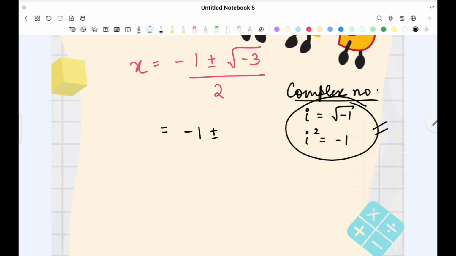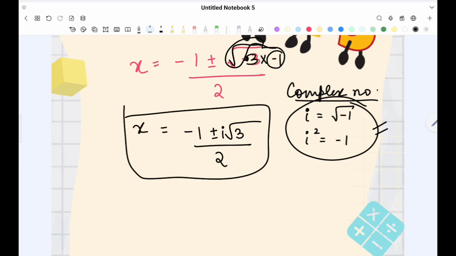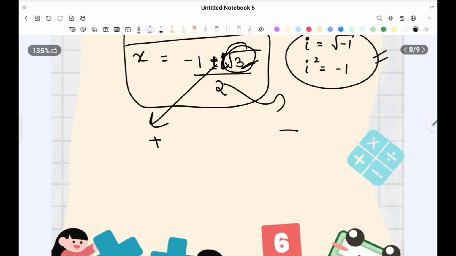Minus 1 plus minus under root 3, and outside you can write i, because you will see here 3 into minus 1, and the under root of minus 1 is our i. So i under root 3 remains inside, and here we will write x is equal to minus 1 plus minus i under root 3 by 2. You can solve the value of root 3. You will write i as i only, and open the plus minus, one side plus and one side minus, and you can solve this question further.